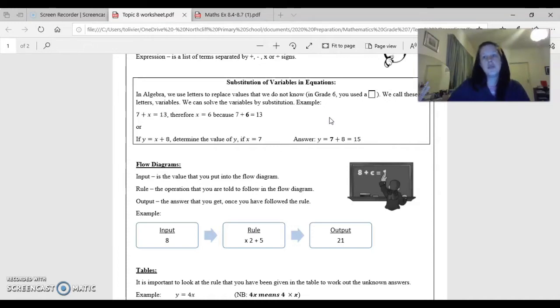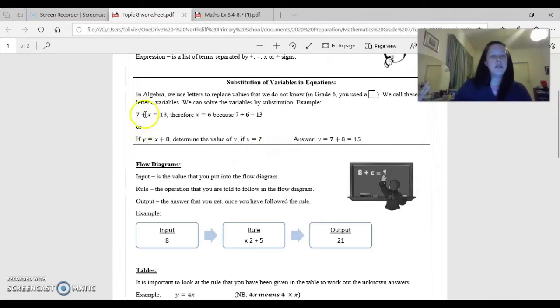So if you think of the term substitution, substitution is when one thing replaces another thing. So think if you're on the netball court or on the soccer field and someone gets injured, they bring in a substitute. So they take your place. So the variable we solve by substitution. So here is an example.